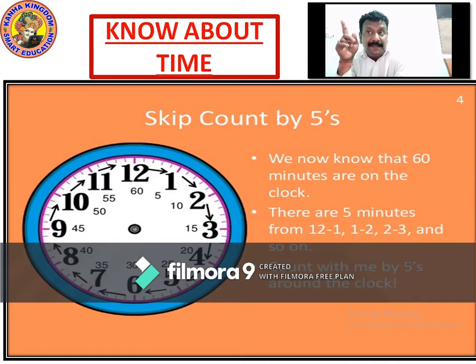You come to 12, 55, you add 5 more, it becomes 60. 12 5s are 60. Now, while skipping counts, it means directly skip counts of 5. 5, 10, 15, 20, 25, 30, 35, 40, 45, 50, 55, 60.